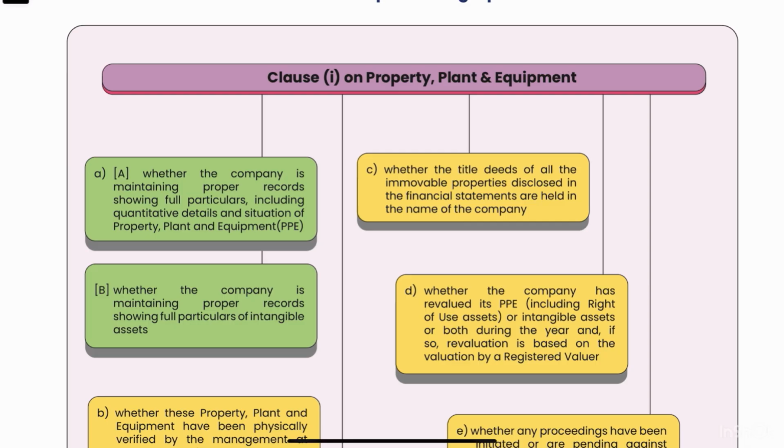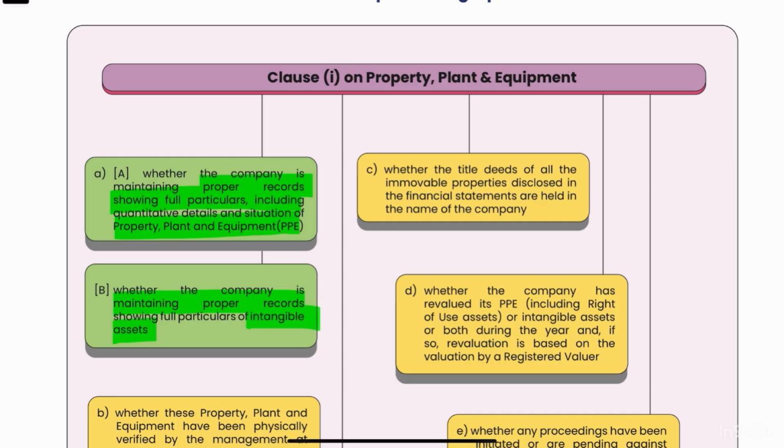The first point states about the proper records of the property, plant and equipment as well as intangible assets. It has to state whether the company is maintaining proper records showing full particulars for the property, plant and equipment, and whether the company is maintaining proper records showing full particulars of intangible assets.